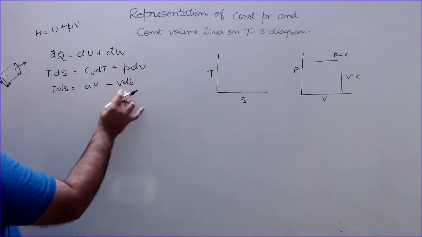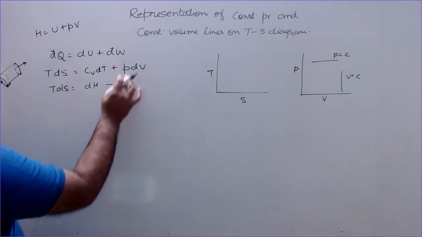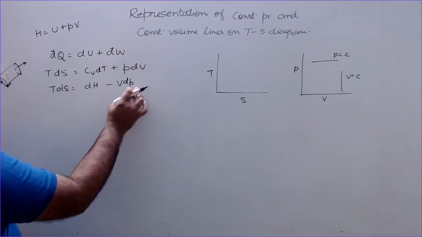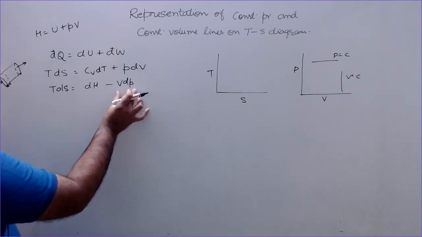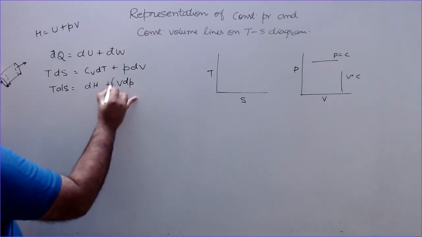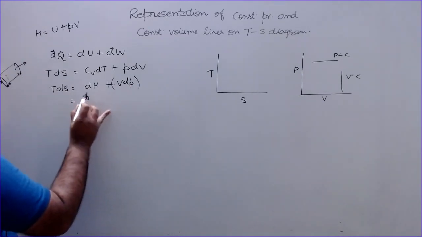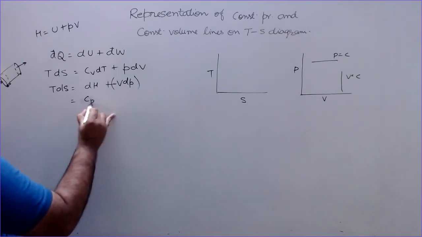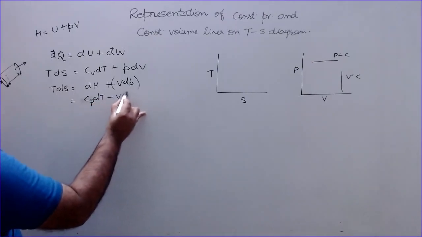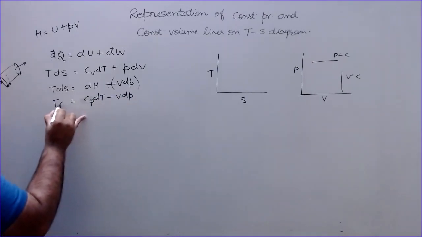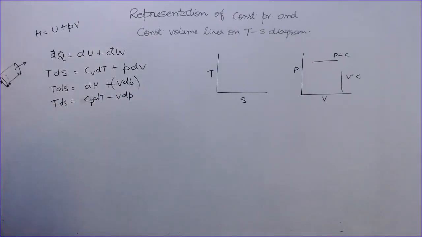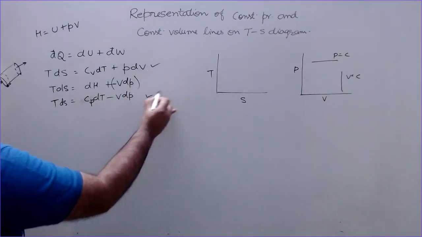PdV and VdP are related. So dW in the case of a flow process is minus VdP. So it can also be written like this, with dH equal to Cp into dT for an ideal gas, minus VdP. These two equations are called the TdS equations.